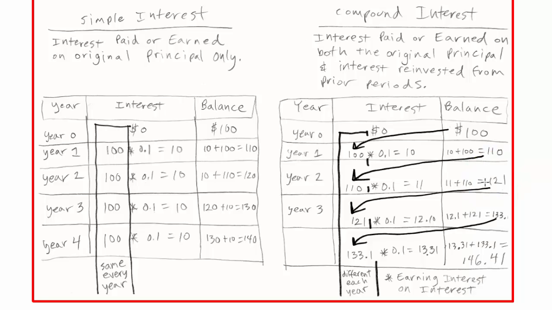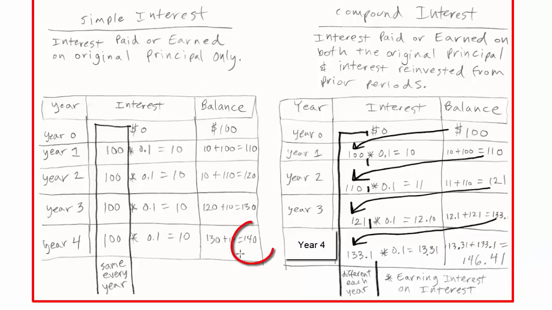And then, of course, we use that for year 3 interest calculation to get 12 and 10 cents. We add it. At the end of year 3, we have 133 and 10 cents. We use that in year 4 to get the final interest amount. When we add it up, look at that, 146.41.